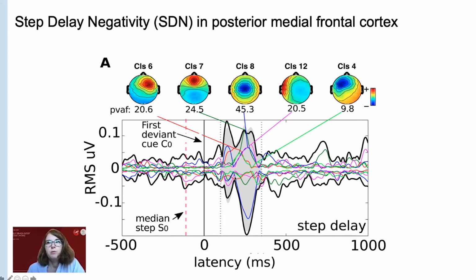For step lengthening, we observed a negative deflection 250 milliseconds after the cue, which is very similar to error-related potentials. And what we found here is that the cluster in posterior medial frontal cortex explains almost the whole negative deflection.